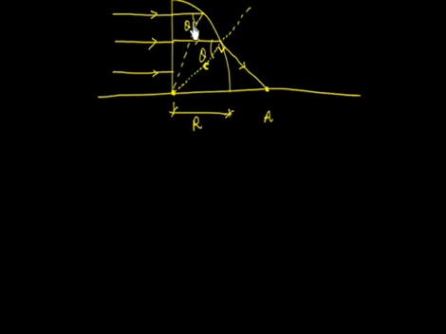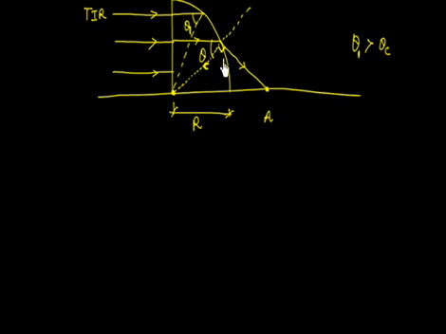You will see this theta, let us call it theta 1, is greater than theta c. So this light will undergo total internal reflection and will be reflected back this side. You can verify yourself that theta 1 is greater than theta c.